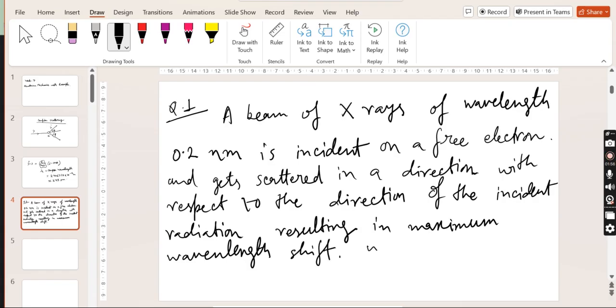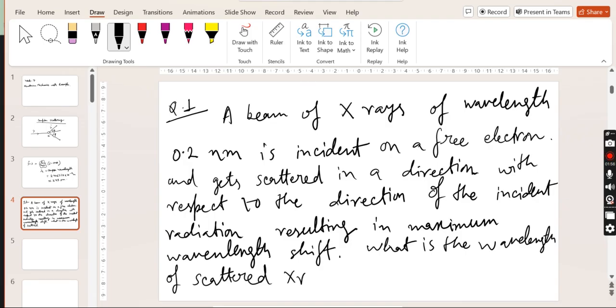What is the wavelength of the scattered X-ray?